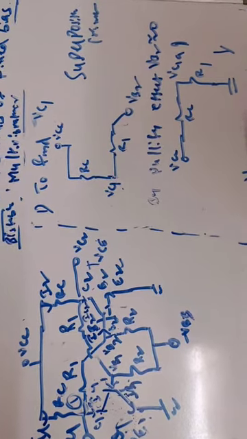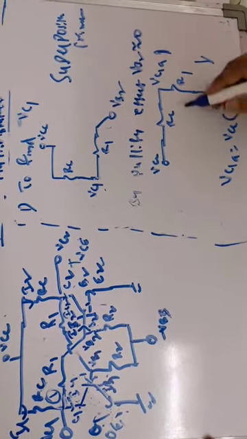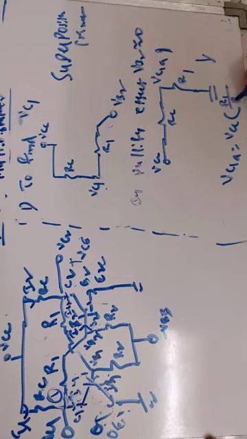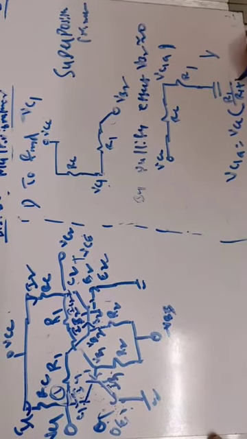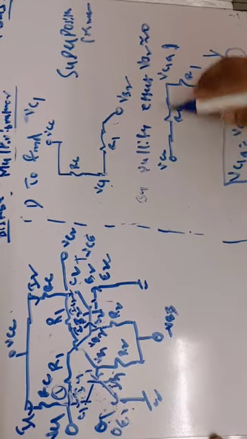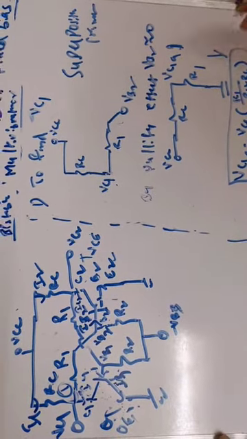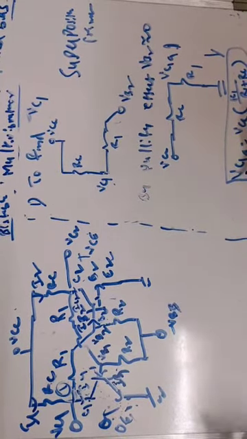VC1A is equal to VCC into R1 divided by the sum of the resistances R1 plus RC. This is the potential due to VCC. The other potential is VC1B, so that we'll get the total voltage as VC1 here.